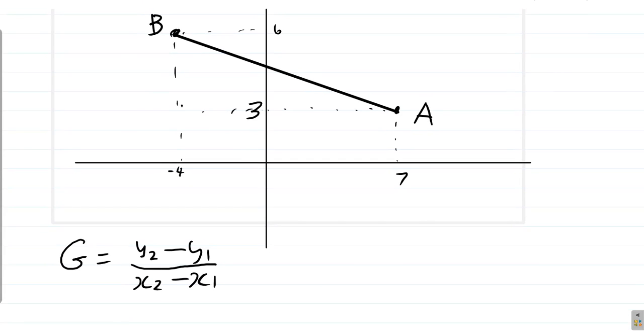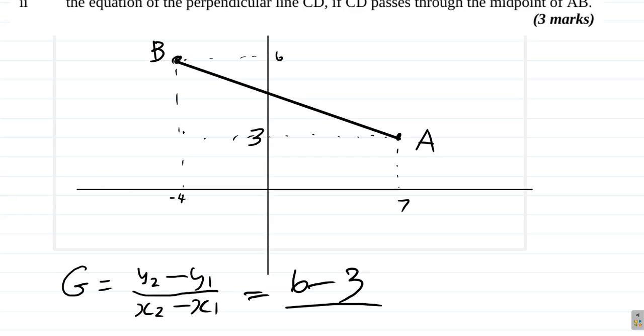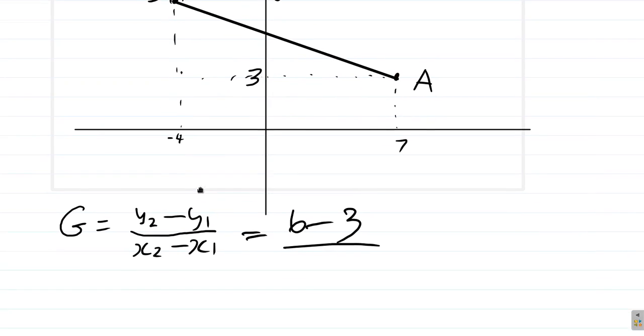You can see it here: 6 is up here, minus 3 down here. So that would be 6 minus 3 over x2 minus x1, which is going to be -4 minus 7. You can see it here, -4 minus 7. So 6 minus 3 is 3, over -4 minus 7, which is -11. Okay, so that's the gradient of the line.